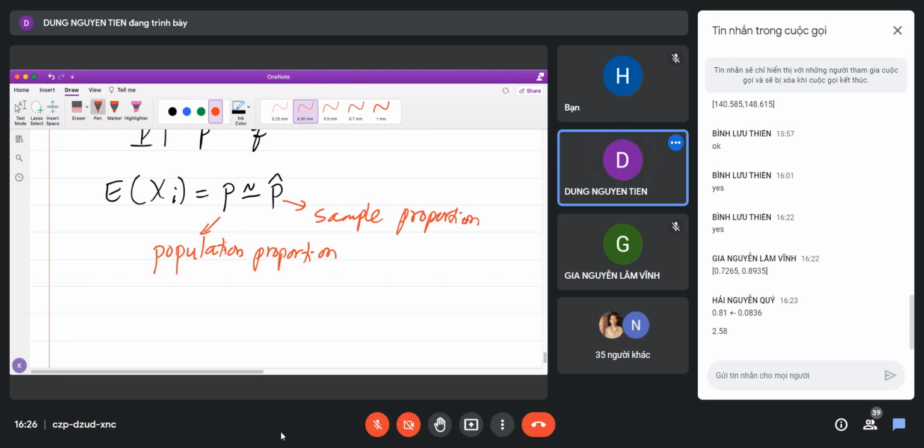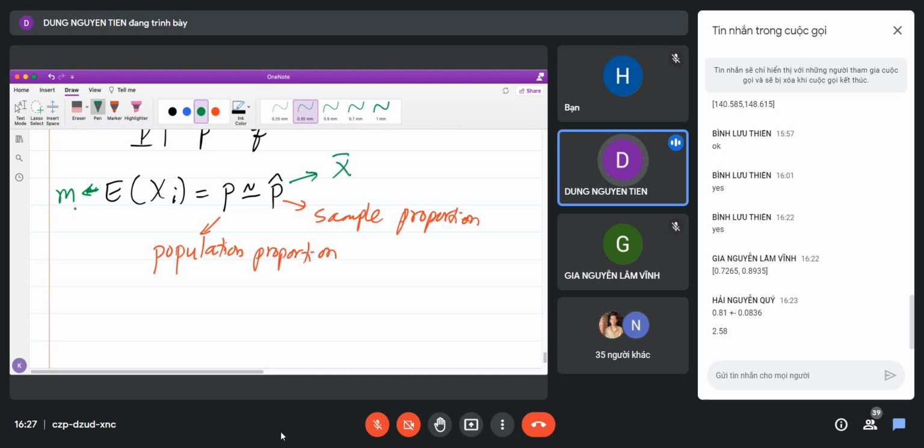The mean of xi is simply the value m, the population mean, and p hat is simply x bar, the sample mean.